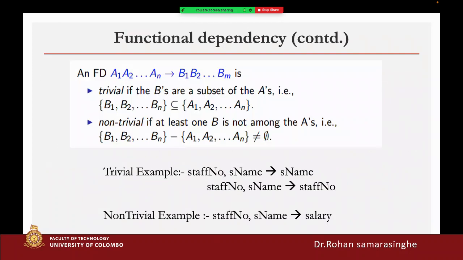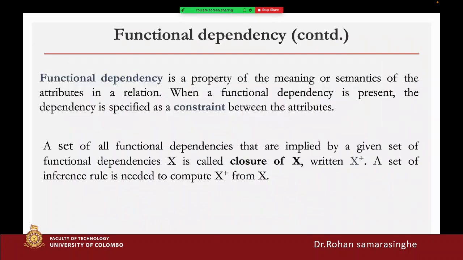Functional dependency is a little bit difficult, and you have to understand it very clearly. Once again, we explain more about functional dependency. A functional dependency is a property of the meaning or semantics of the attributes in a relation. When a functional dependency is present, the dependency is specified as a constraint between the attributes.